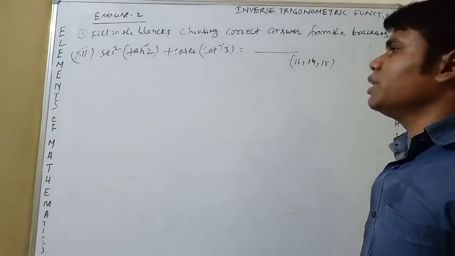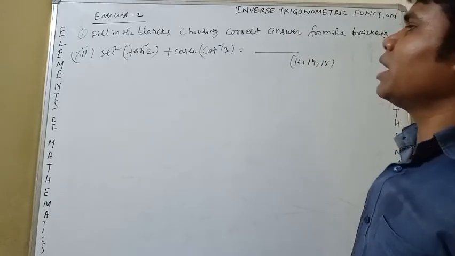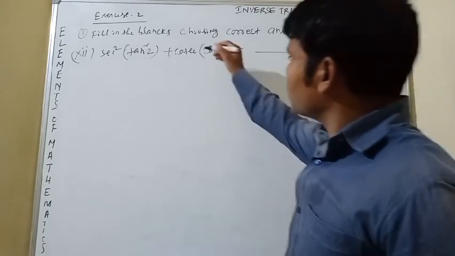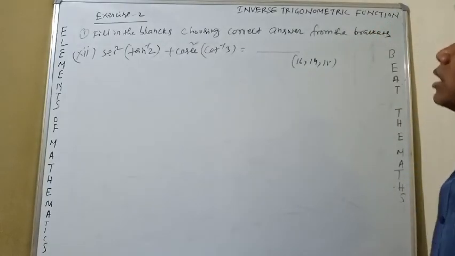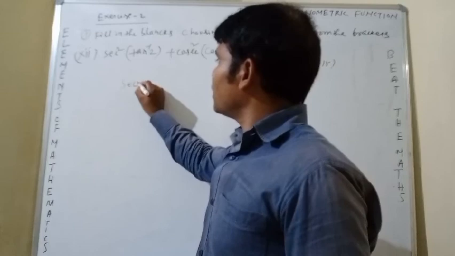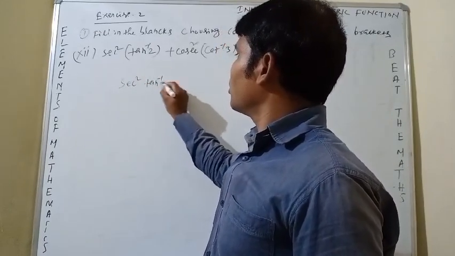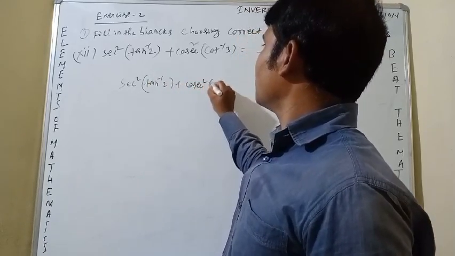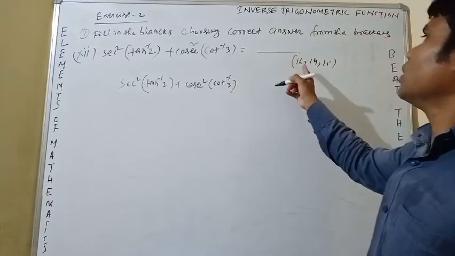sec square tan inverse 2 plus cosec square cot inverse 3. The question is sec square tan inverse 2 plus cosec square cot inverse 3 is equal to how much? The options are 16, 14, 15.